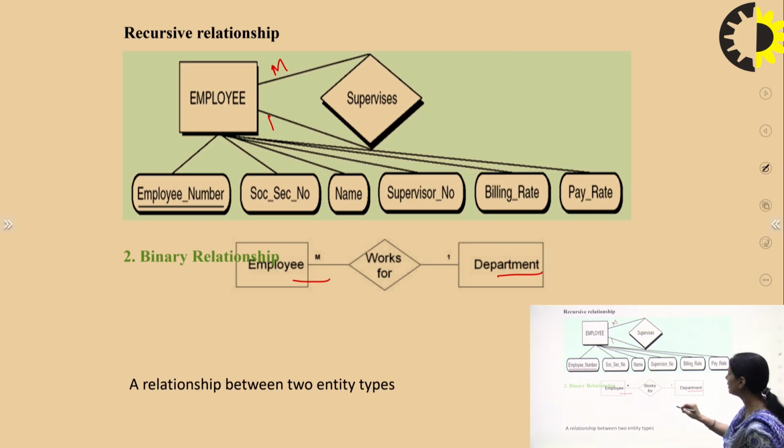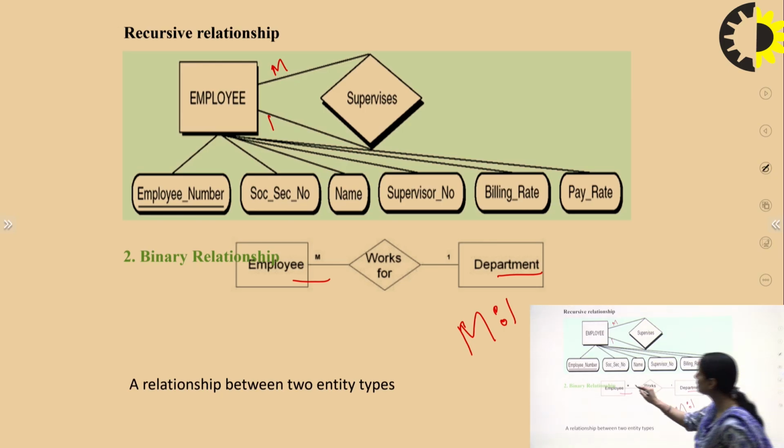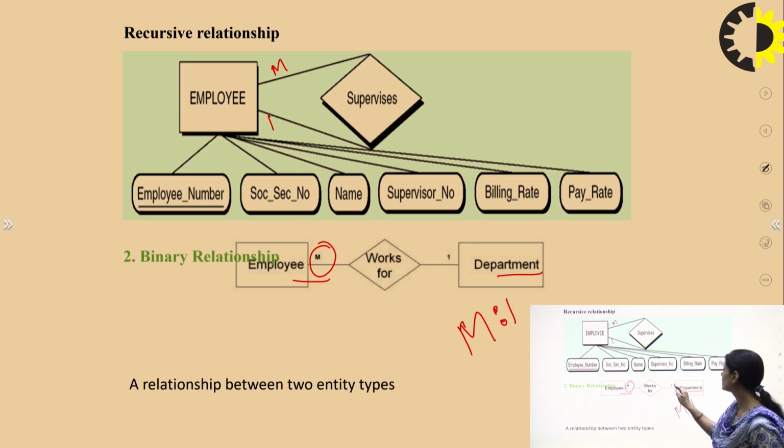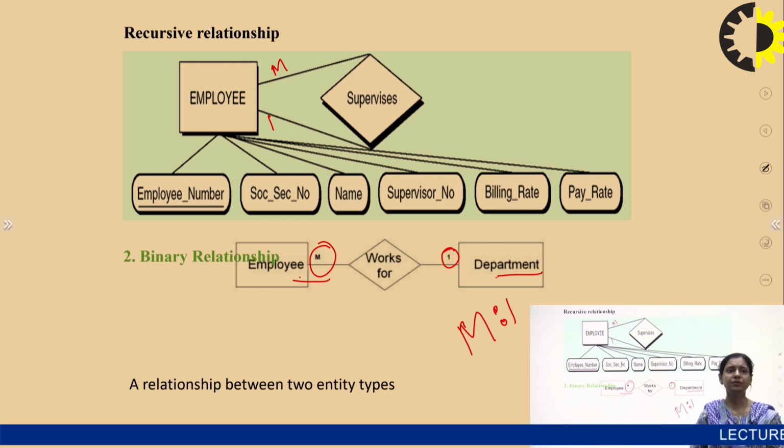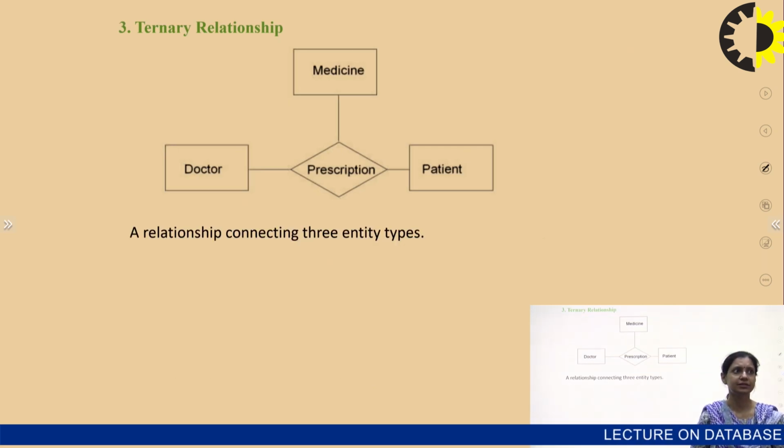So here the cardinality comes out to be m:1, where many employees work for a single department. So this shows the relationship between the two entities. This type of relation is the binary relation.